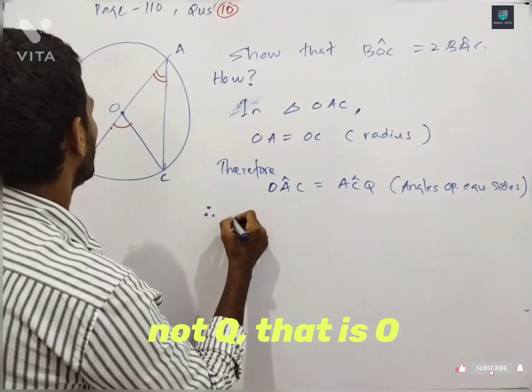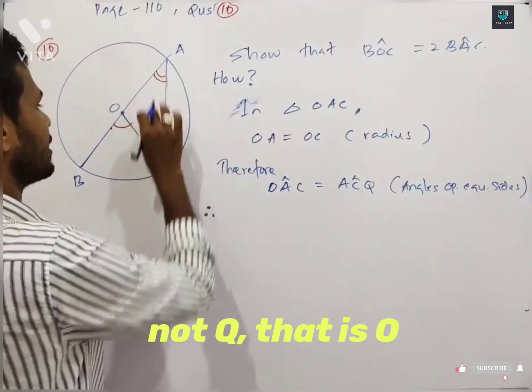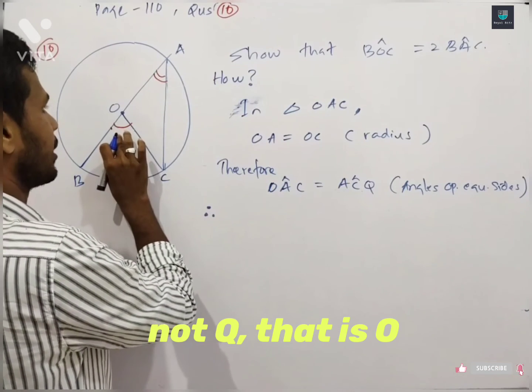So now, these two angles, if we add these two angles, we will get this. Okay.